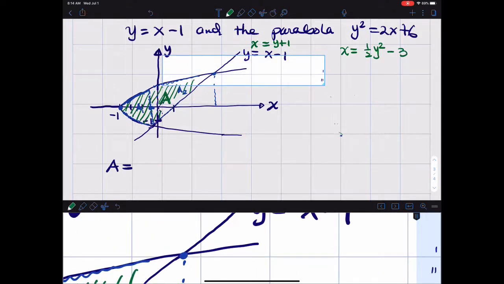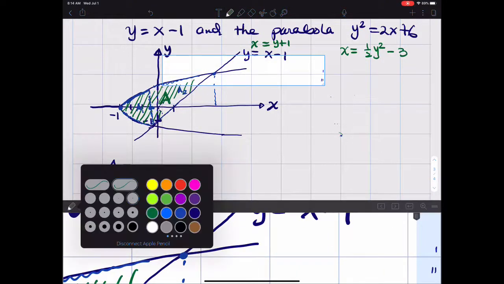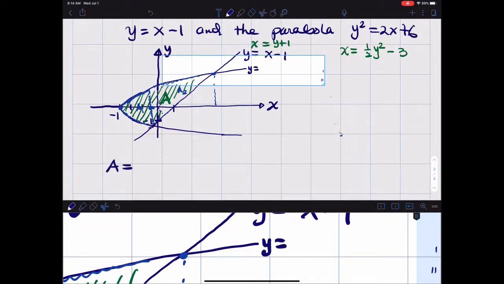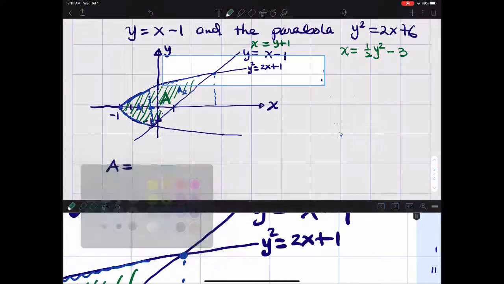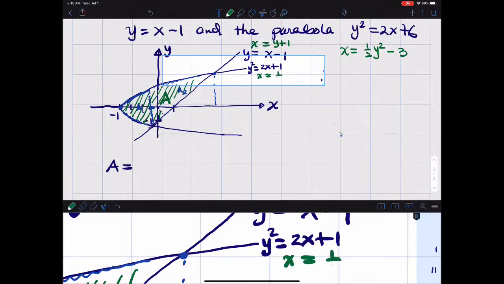And this one, which was originally y squared equals 2x plus 6, we can rewrite as x equals 1/2 y squared minus 3.